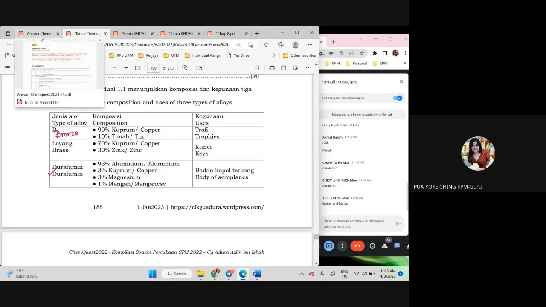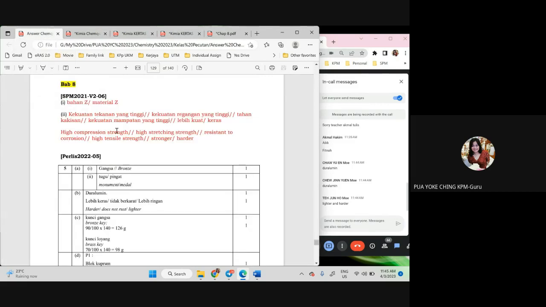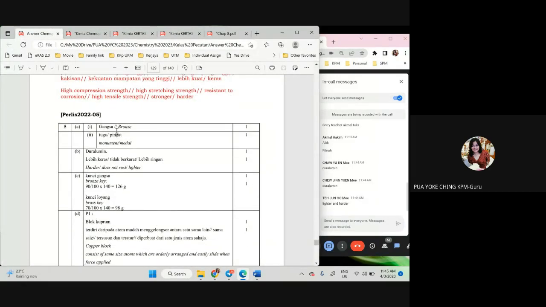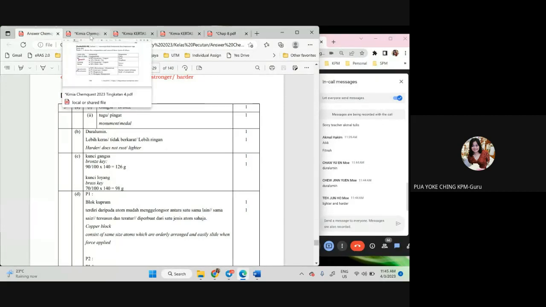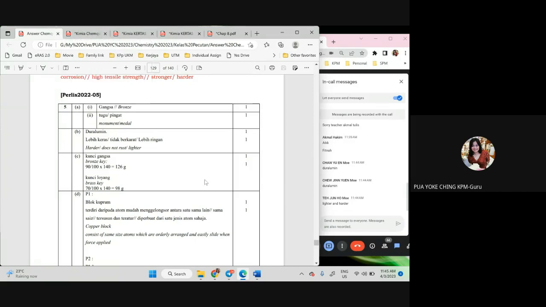Kalau saya tak silap, ini pernah keluar dalam SPM tapi tahun tu dia keluar dalam kapal lah. Maksudnya kenapa duralumin digunakan sebagai badan kapal terbang? Jawapan yang dia terima lighter and stronger.